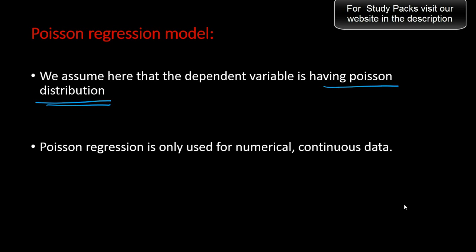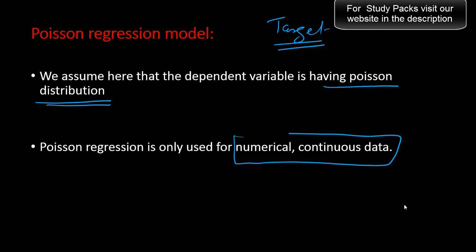So we assume here that the dependent variable or the target variable follows a Poisson probability distribution. Okay, and one of the features of this distribution is that it is always used for numerical and continuous data. Okay, so that's one thing to be kept in mind.